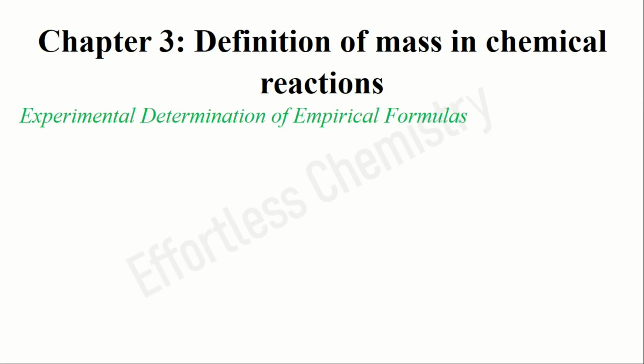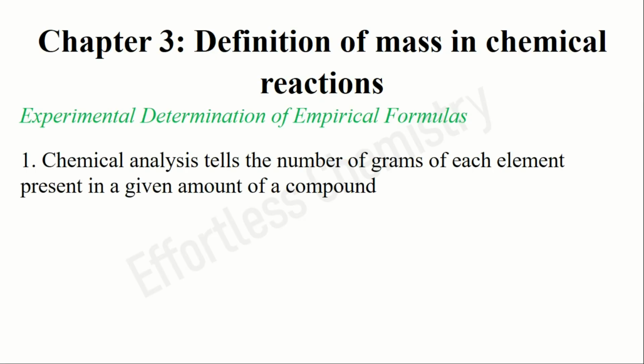So the procedure is as follows. Chemical analysis tells the number of grams of each element present in a given amount of a compound. A mass spectrometer is a technique which can determine the mass of each element in a given compound. If you are interested to know how it works, you can write me in the comments, and in another session I can describe this apparatus for you.